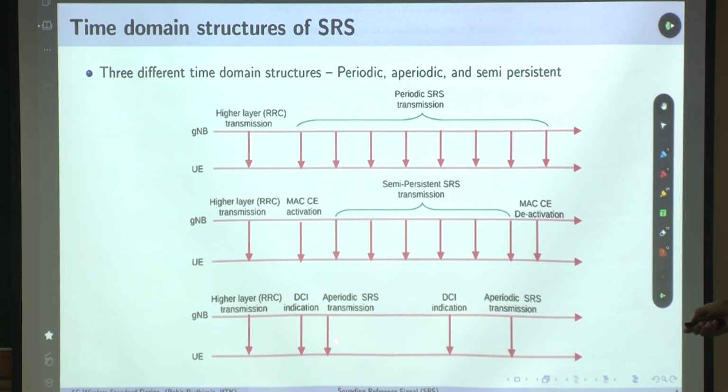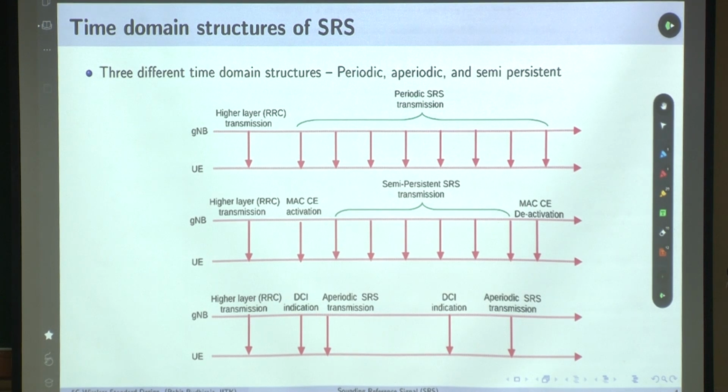Then the base station has suddenly received some data for this user, and the user has to transmit some data in the uplink. Then the base station does not have the uplink channel information. So what will happen? The base station will configure this aperiodic transmission for a very small duration to get the uplink channel information.